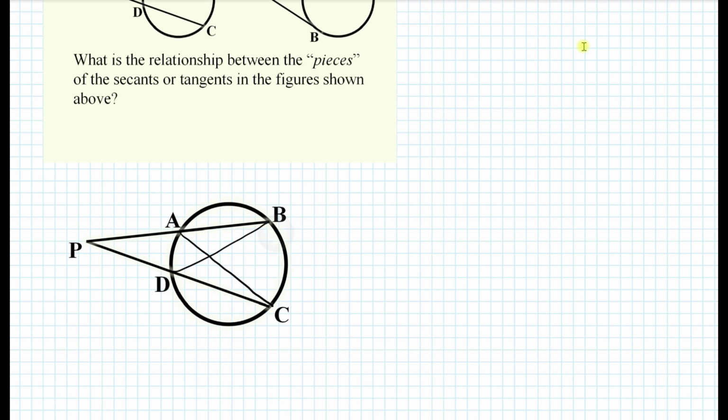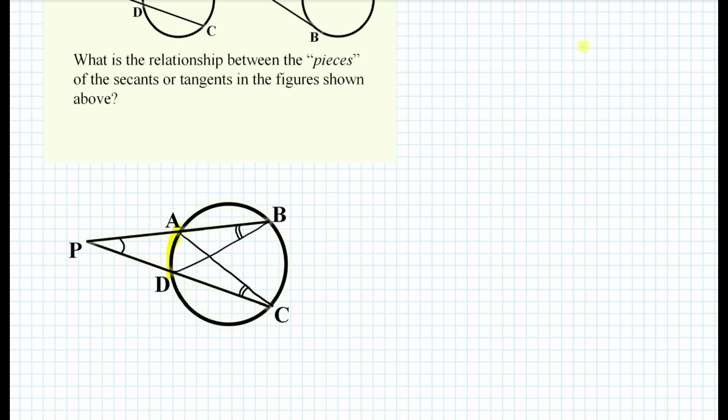First we can say that angle P is congruent to itself. Then we also know that angle PBD is congruent to this angle. Why are these two angles congruent? Because they both intercept the same arc, arc AD.